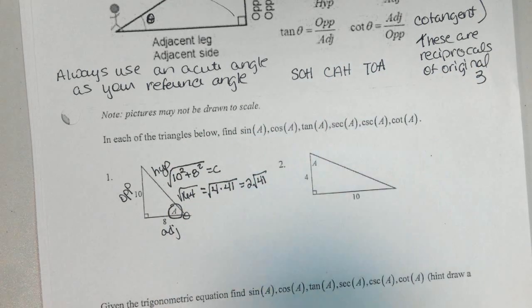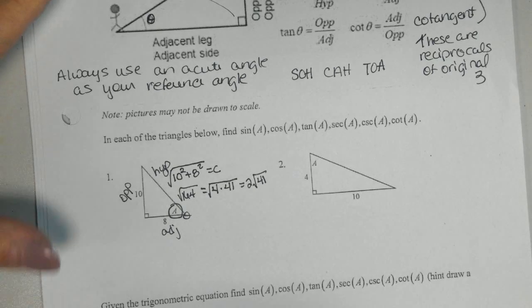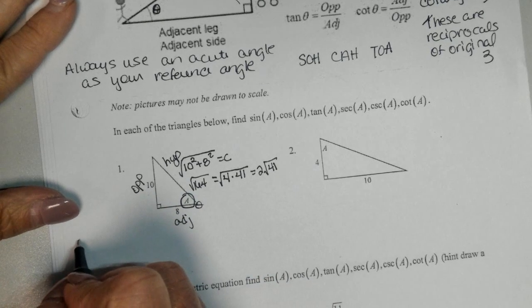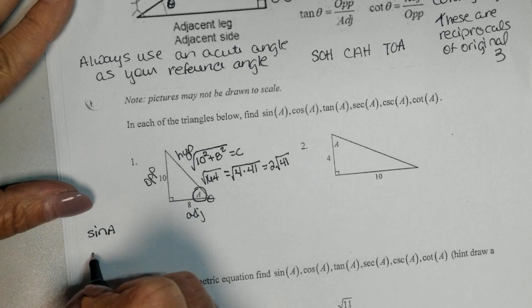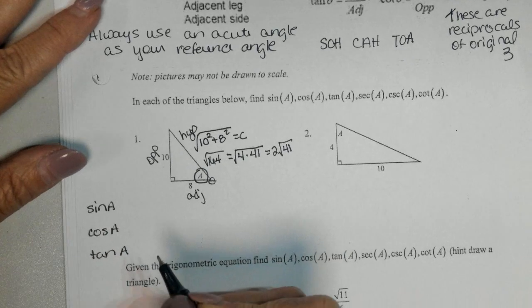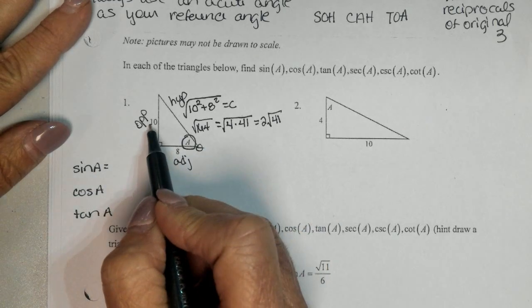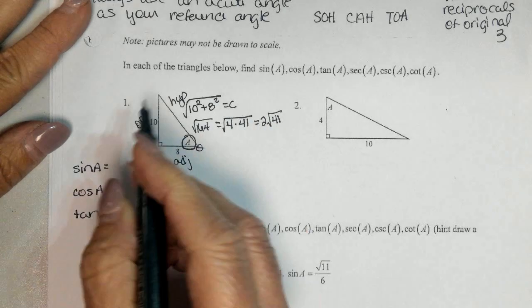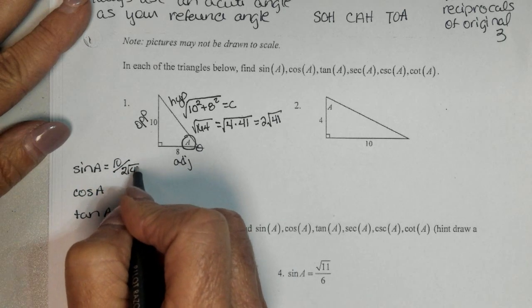All right, now to write our ratios out, this is how it's going to look. We've got your sine of A, your cosine of A, and your tangent of A. Your sine of A, we need to go opposite to hypotenuse. So it would be 10 over 2 root 41.